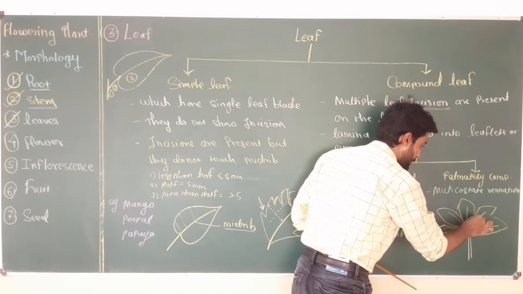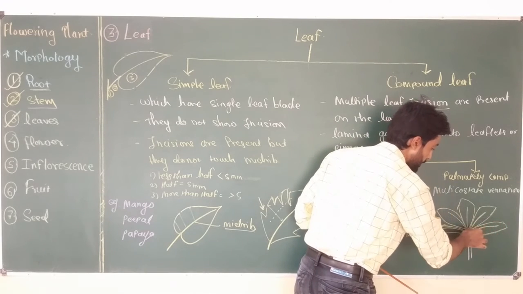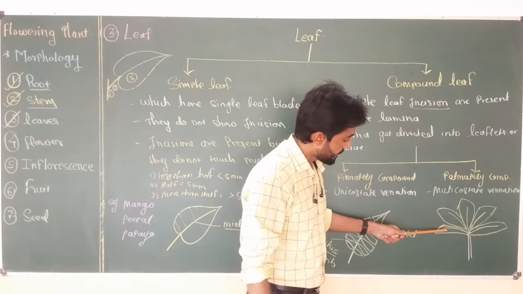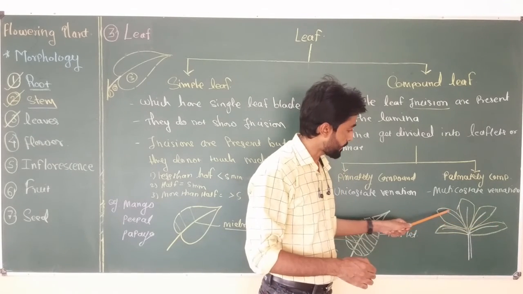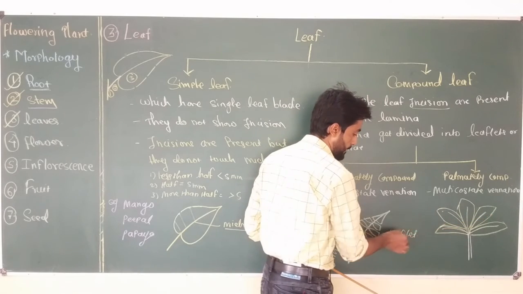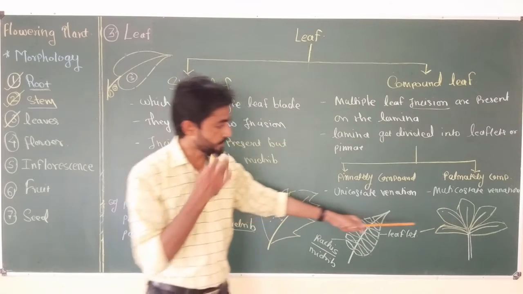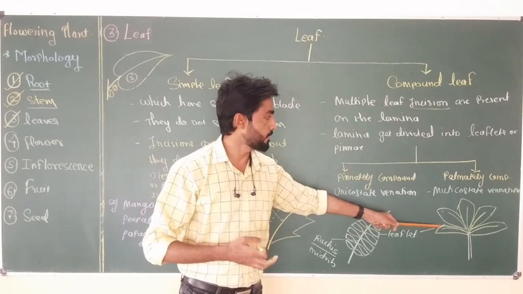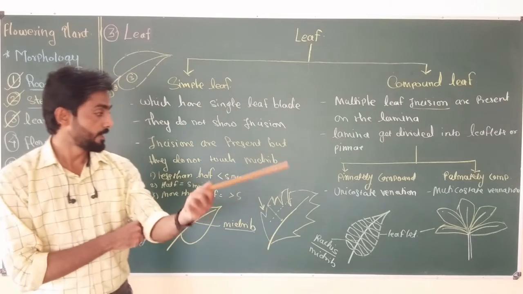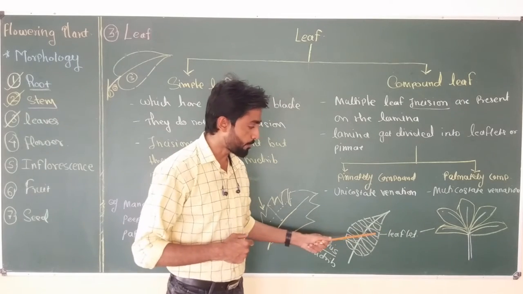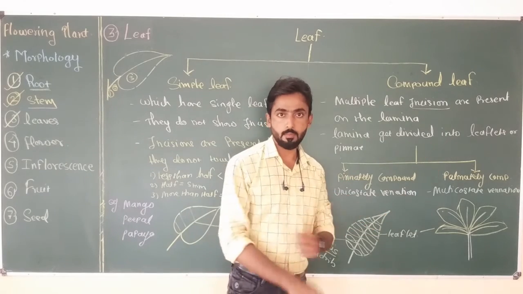The same thing happens with all the midribs, so that now you can see the leaf gets separated. And these separate parts of the lamina are called leaflets. And this type of structure of the leaf is produced in palmately compound leaf.